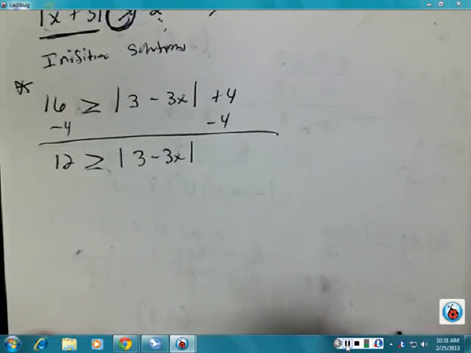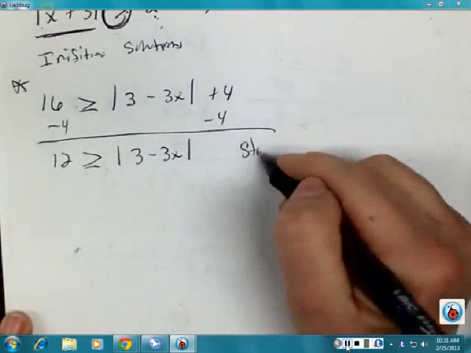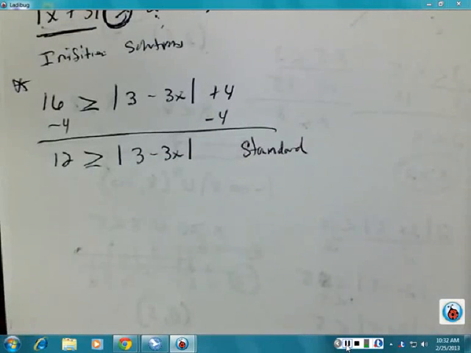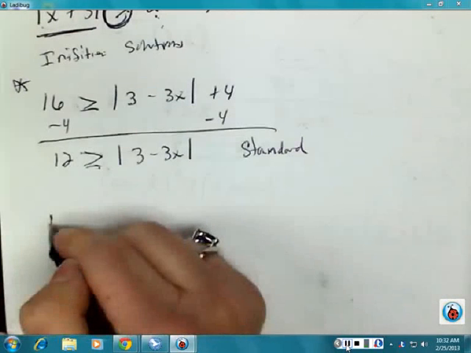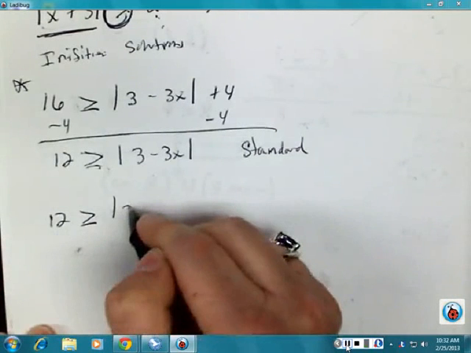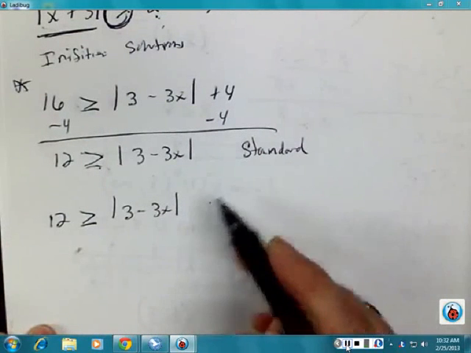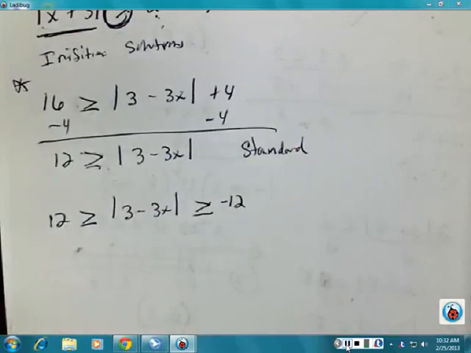Now I need to set it up so I have, this is standard. So now I need to set up two equations. How can I get two equations? Well, keep this piece, and what do I put on the other end? Negative 12, with the same sign. We follow that okay? We good?